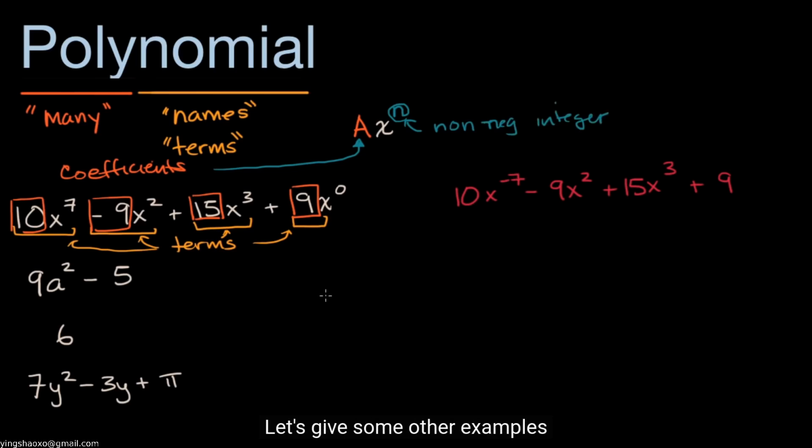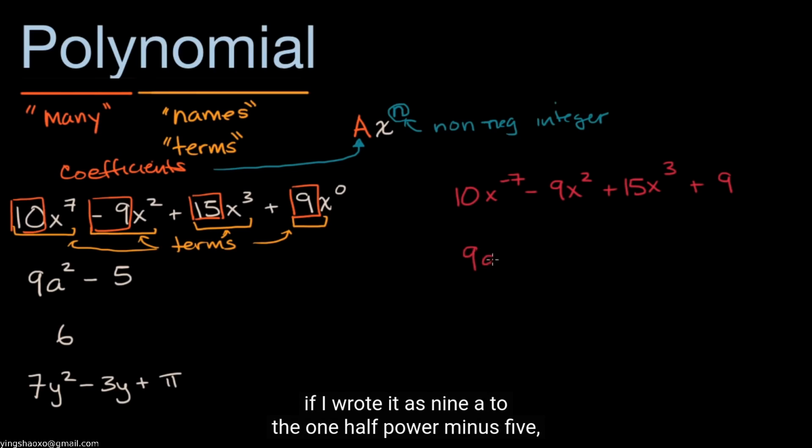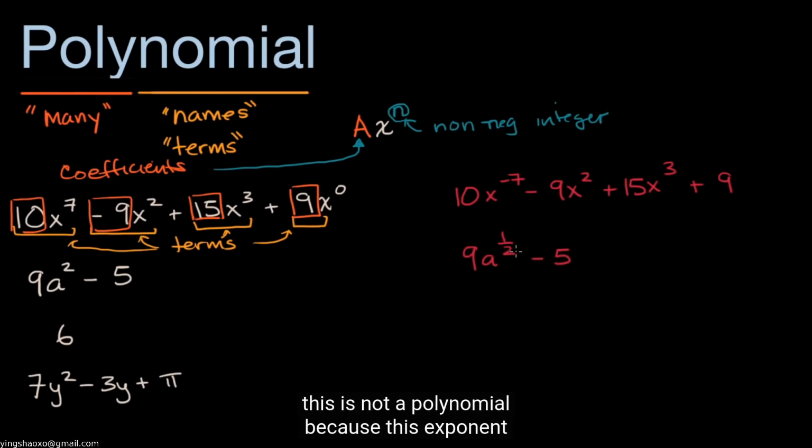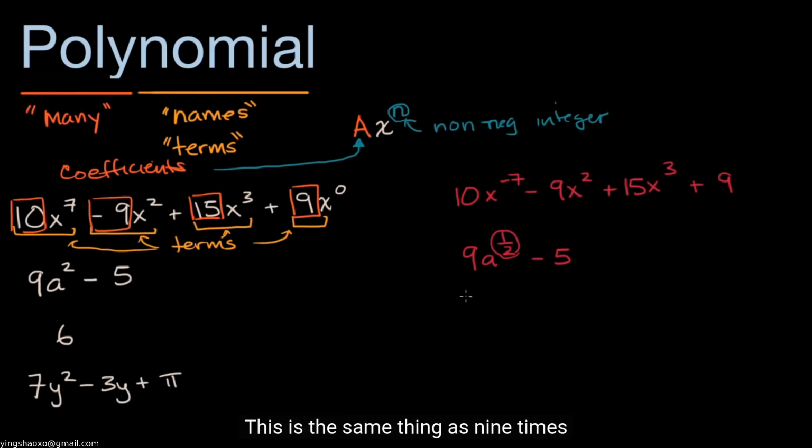Let's give some other examples of things that are not polynomials. If I were to change the second one to, instead of 9a squared, if I wrote it as 9a to the 1/2 power minus 5, this is not a polynomial because this exponent right over here is no longer an integer. It's 1/2. And this is the same thing as 9 times the square root of a minus 5.